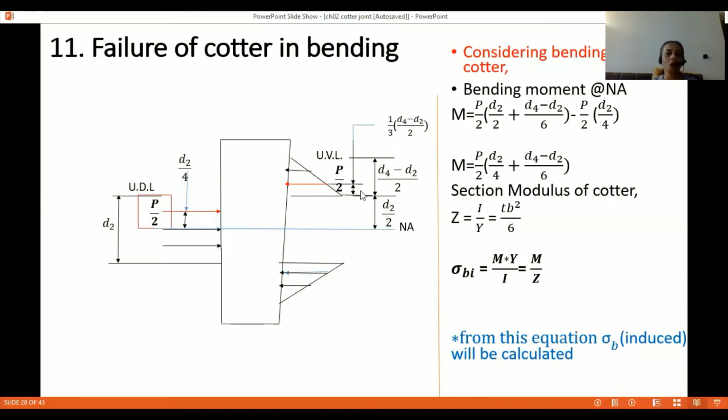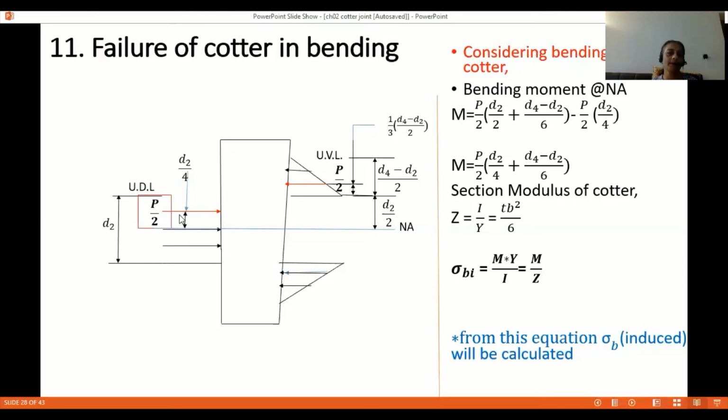So when we take moment on the right side, it will be equal to P by 2 into bracket D2 by 2 plus D4 minus D2 divided by 6. Because this is anti-clockwise moment and this is clockwise moment, so this right side moment we will subtract because we are going to take a summation of the moment about neutral axis.